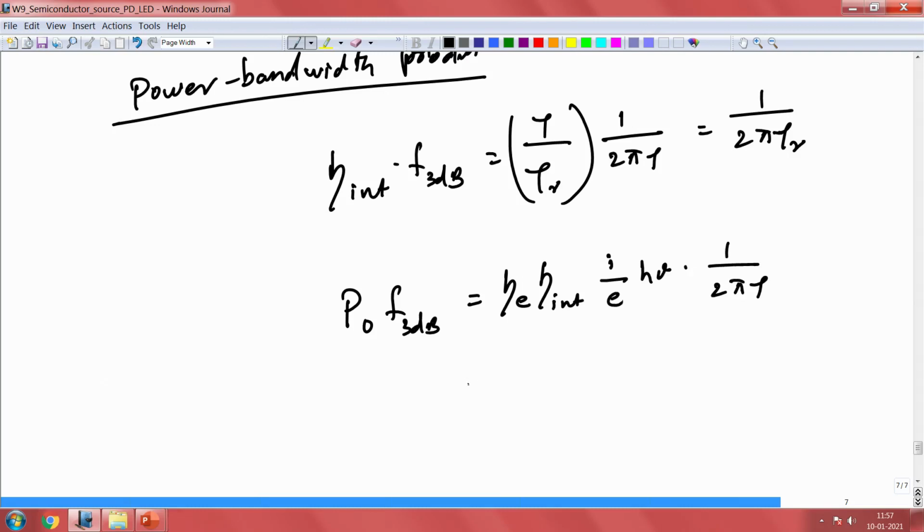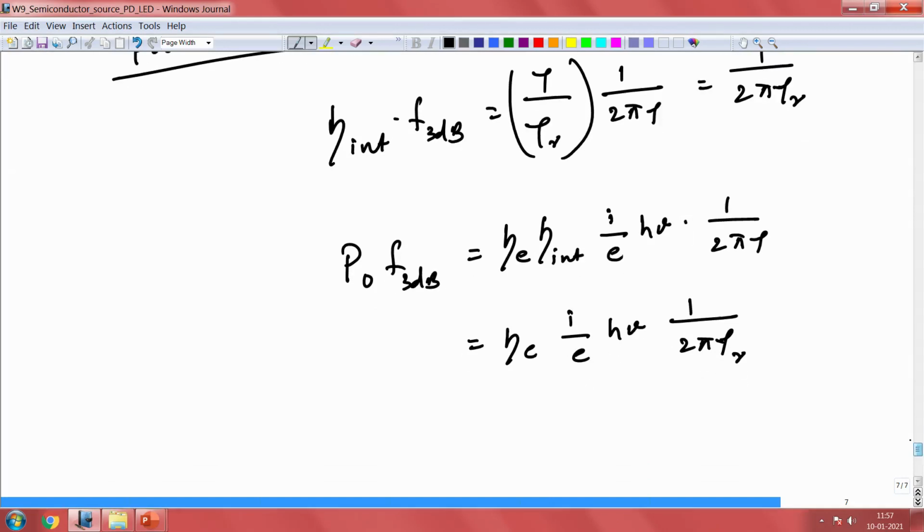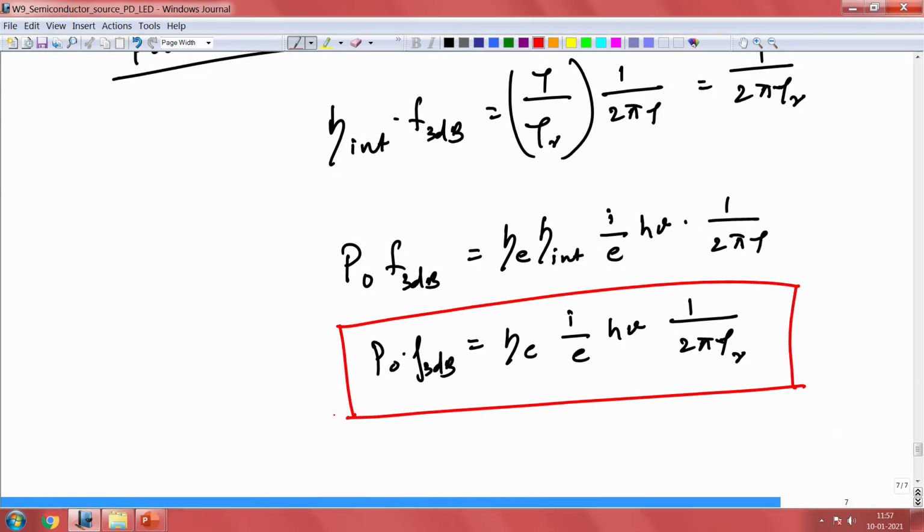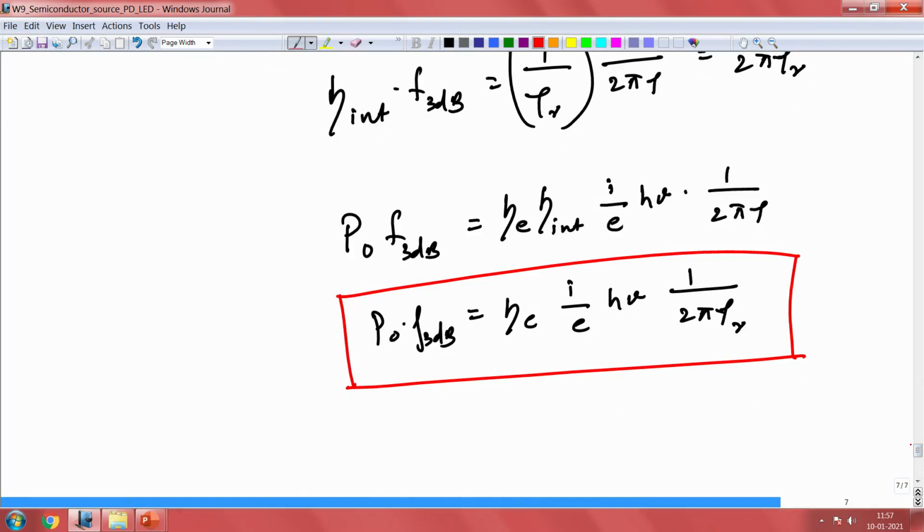So, that we saw, and if you move things around, what you see is your power bandwidth product depends on your external efficiency and our radiative recombination.